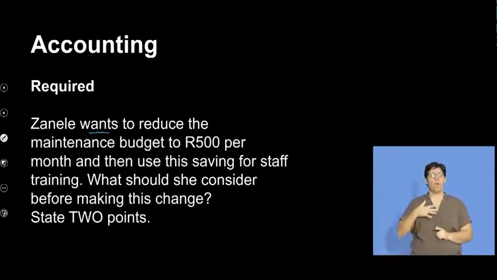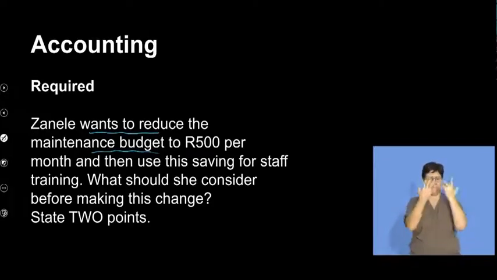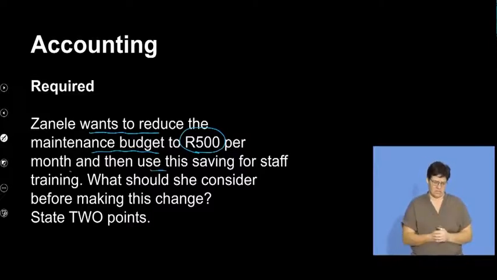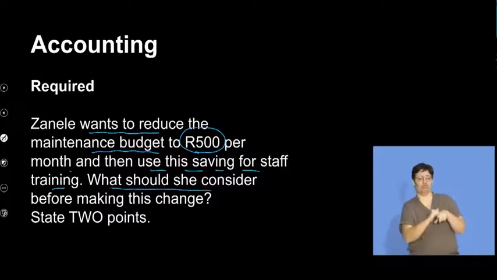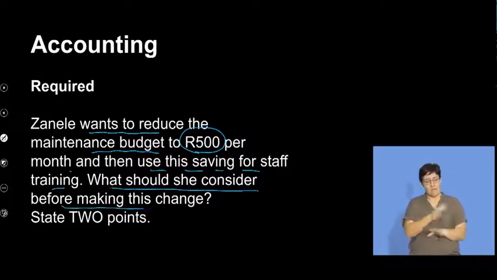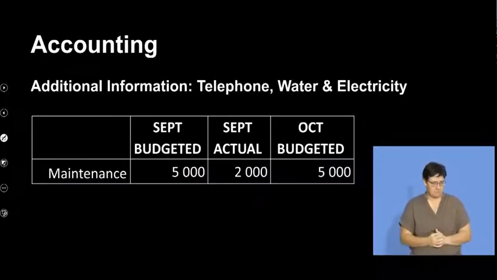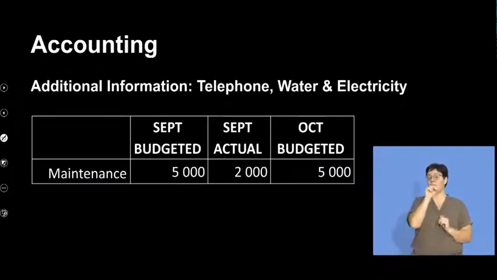Zanele wants to reduce the maintenance budget to 500 Rand per month and then use the saving for staff training. What should she consider before making this change? State 2 points. All right, let's see. Firstly, look at your maintenance budget. You budgeted an amount of 5,000 Rand.